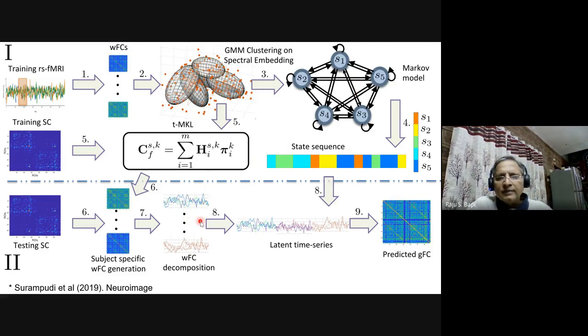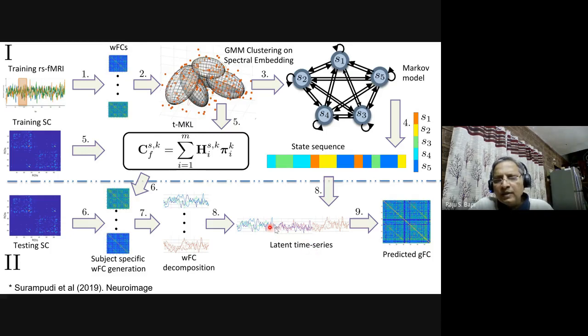You take those time series and you generate a latent BOLD time series by looking at the steady state distribution of the states. So you concatenate, depending on the state sequence that you have generated, these different WFCs to generate a whole BOLD time series.